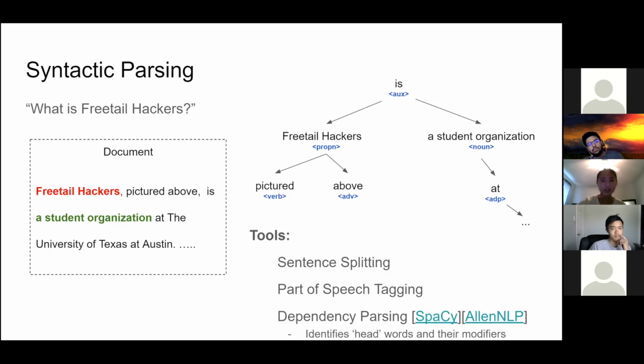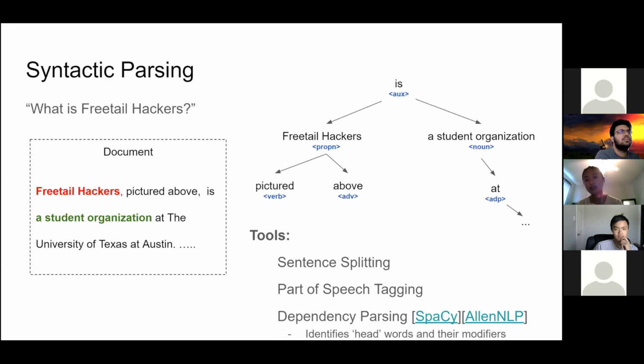So we're thinking about syntax, we're thinking about grammar, and one of the most useful forms of this is creating dependency parses. The output of that will look like some sort of dependency tree where we identify the root of the sentence, which is usually the main verb, and this tree structure of modifiers, right?